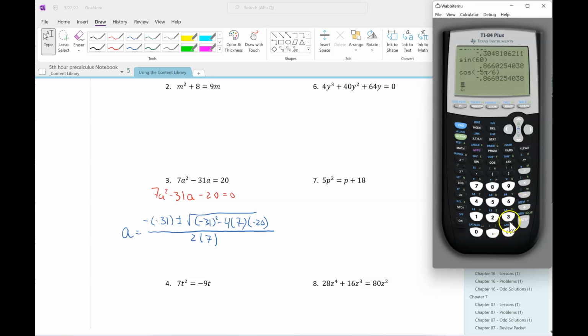So I'll just go ahead and type that in. Notice that on my calculator, I can't do a plus or minus. So I'm just going to do once with the positive and once with the negative.